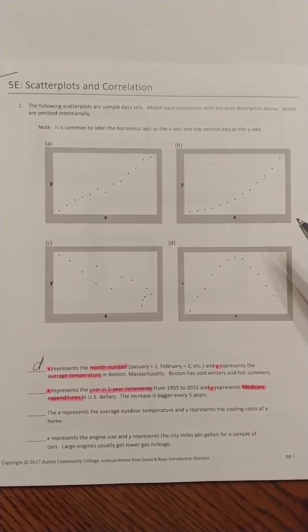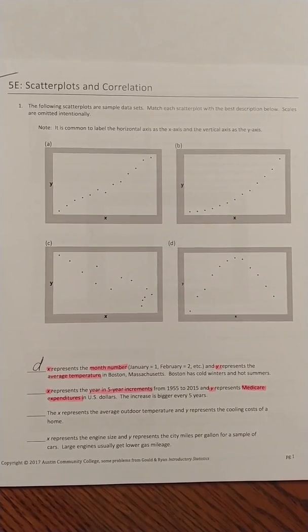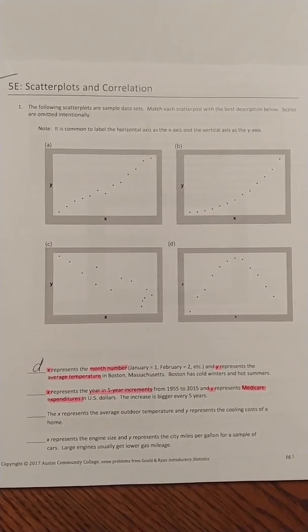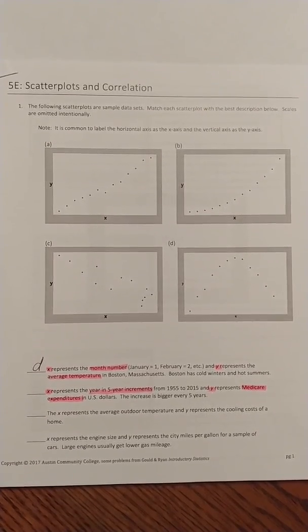So when we look at our question, X represents the year in 5-year increments, so every 5 years, and then the expenditure in dollars increases. Now, does it say the increase is the same at every 5-year period? No, it doesn't. All it tells us is that there is an increase, which means from 1955 to 1960, it could have increased, say, $100,000.